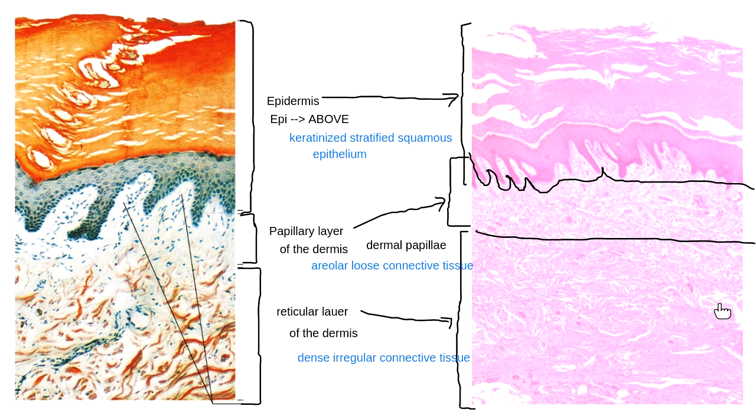I was just looking at the picture on the left, and I see four different layers of tissues. So I see the top one that's orange that says epidermis, and I see the darker one below that, and I see another one that you're pointing at as the second layer.